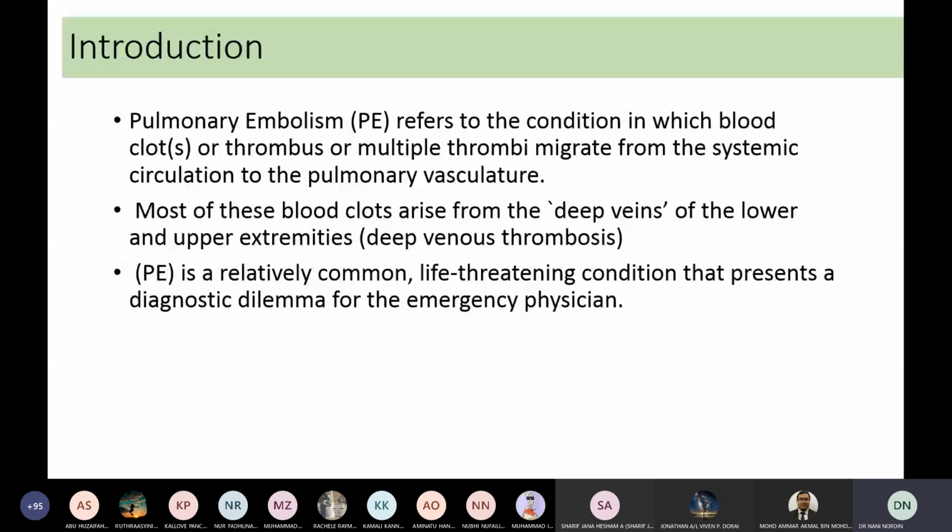Okay, so in this case we are talking about if the thrombus is big enough and there is not enough adherence to the endothelial lining.